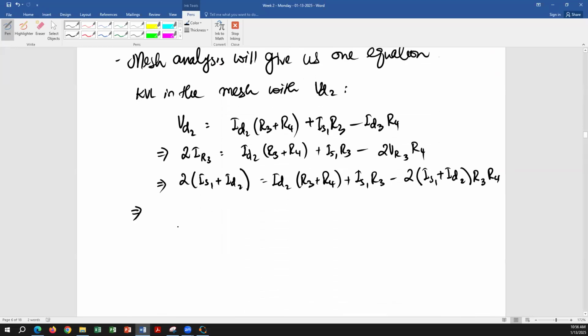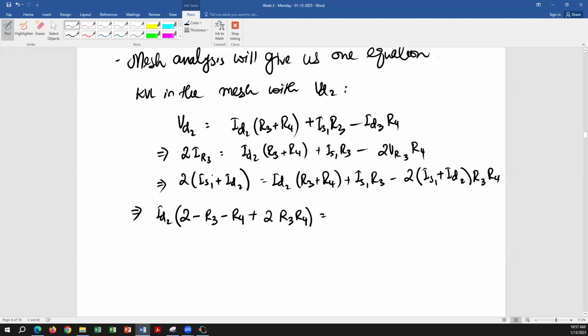I'm going to bring this to the left side, and it becomes negative ID2 times R3 plus R4, so minus R3 minus R4. And then this ID2 becomes plus 2 times ID2 R3 R4. So all ID2s are on the left side of the equation.